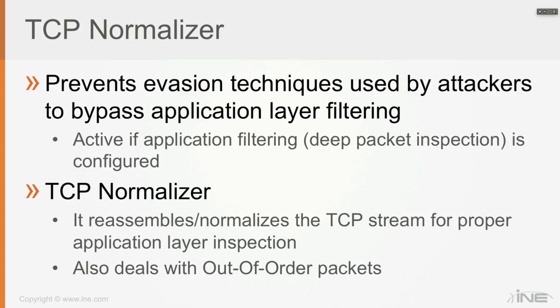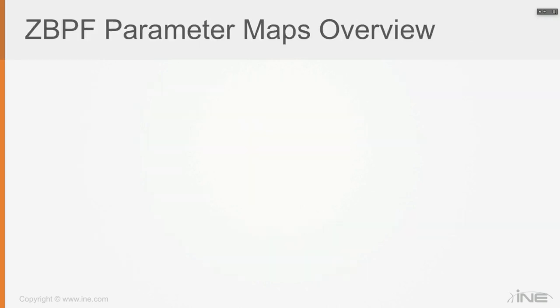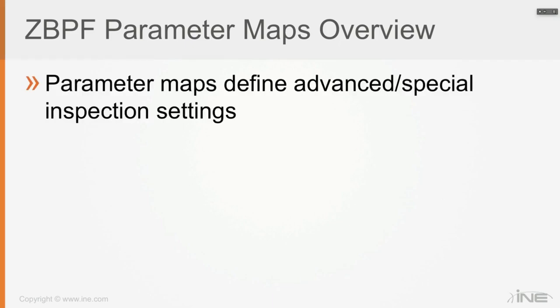Now, let's see how we can control all of those settings: the normalizer, audit trail, alert, and the connection limits and settings. To understand that, we have to introduce a new object in the zone-based policy firewall configuration, which is called the parameter map. Parameter maps define advanced or special inspection settings used by the zone-based policy firewall.